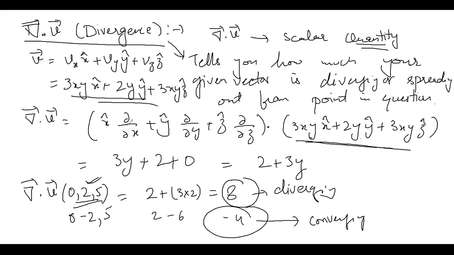You have x cap. जब आप इसका इसके साथ dot product कराओगे यहाँ पे, this is a dot product, right? Yes, ma'am. तो आपके साथ सिर्फ जो x cap के साथ dot product 1 आएगा ना? So you will basically have curly by curly x of 3xy. तो आपके पास 3y बचेगा, right? Yes, ma'am. Understood. And similar for the rest of the terms here.